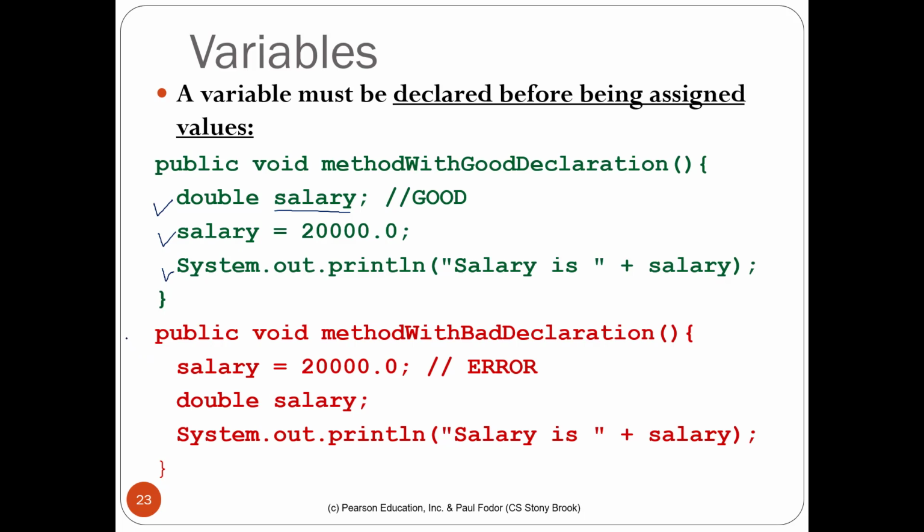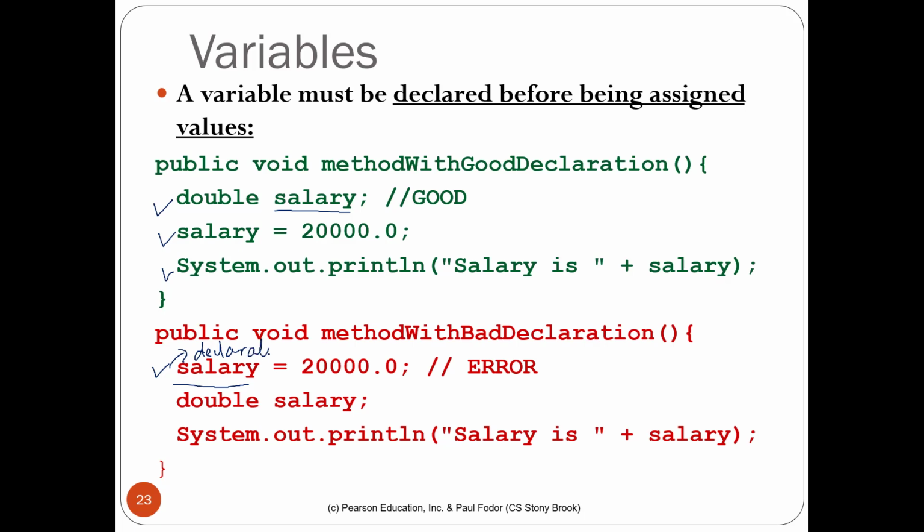How about the second method now? Public, same way, void, and then the name of the method. What are we doing? Well, this is a problem. Why? You're saying salary is equal to 20,000. Fine, you are doing an initialization, but the initialization should come after declaration.